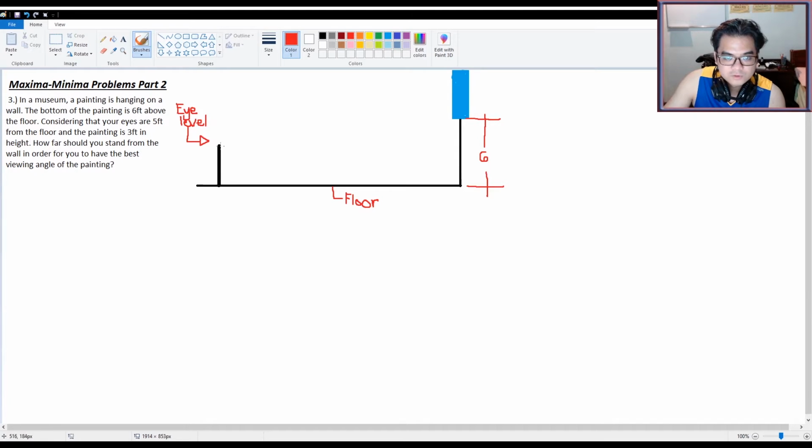This is your eye level, this part. Therefore, from here to here, this will be 5 feet, right? This is 5 feet.